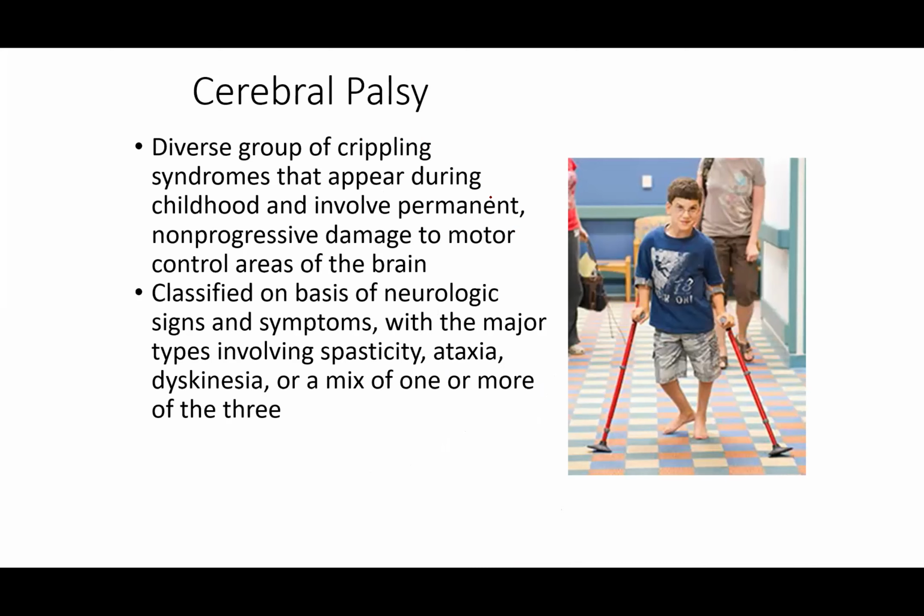So cerebral palsy is typically a lack of oxygen to the brain at childbirth or somewhere during pregnancy, childbirth, or shortly after childbirth. And so it leads to different neurological disorders, leads to abnormal gait.